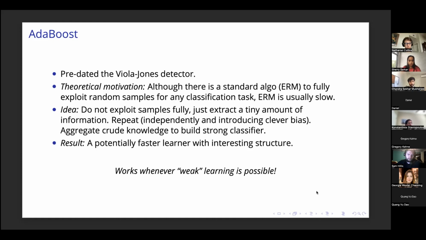This algorithm, AdaBoost, really had a very strong impact. Interestingly, it was based on a result that had a different motivation, but people understood the problem very well and applied it to the very specific setting of face detection. Yeah, that's all from me. I hope it was interesting and not that tiring. Thank you.